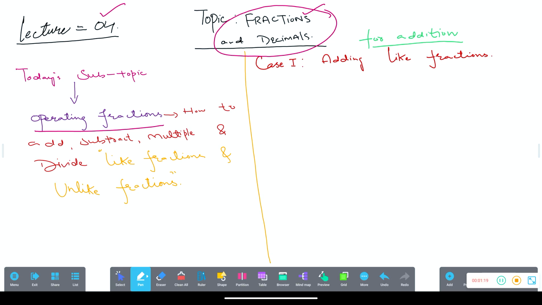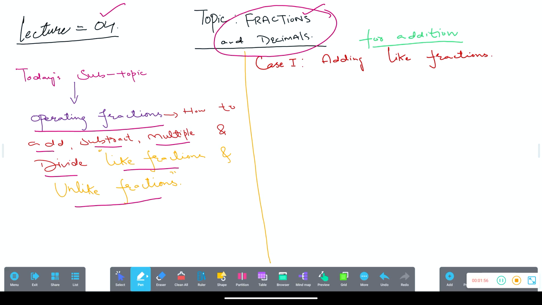In this subtopic we will learn how to add, subtract, multiply and divide both like fractions and unlike fractions. We are already aware that fractions can be like fractions as well as unlike fractions. How to operate like and unlike fractions is what we are going to learn in today's topic.